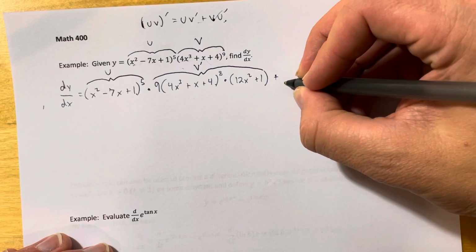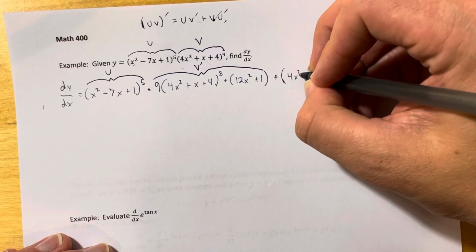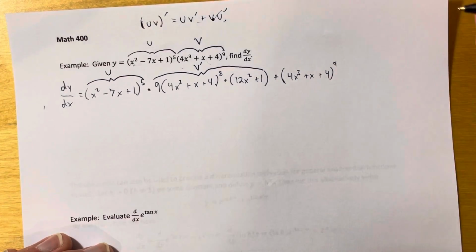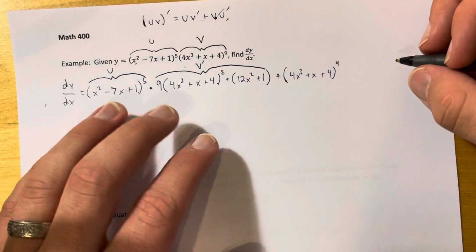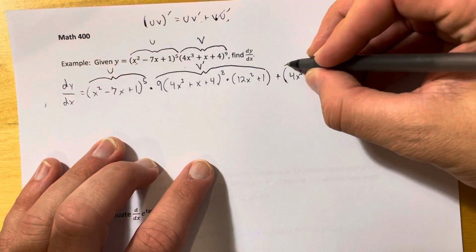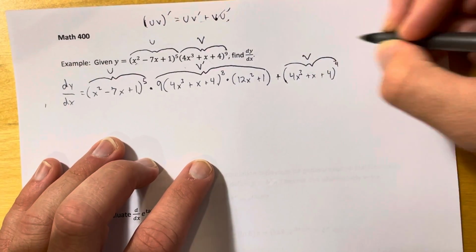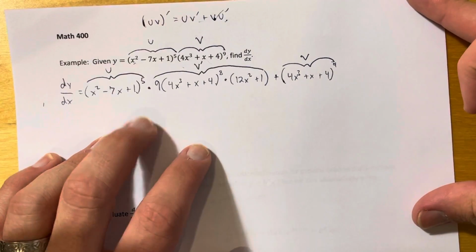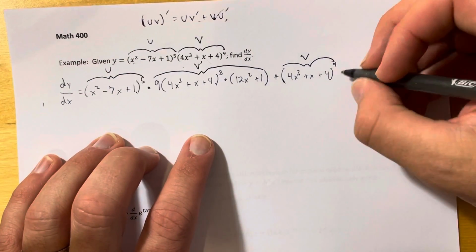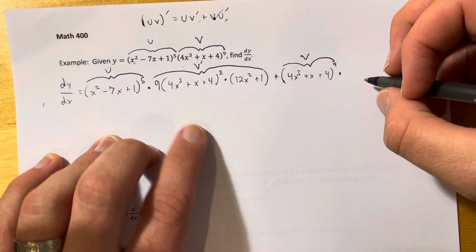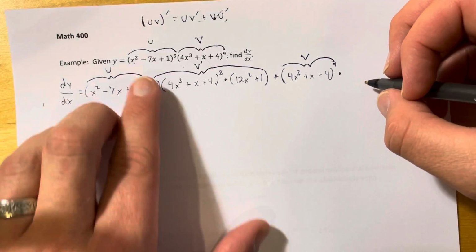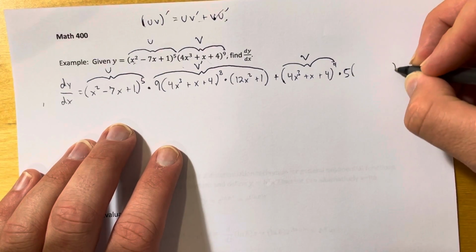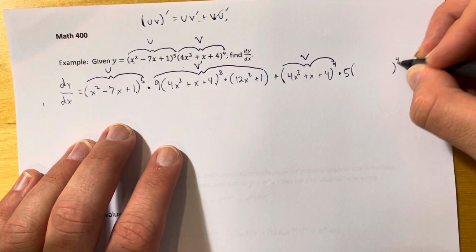So v is this 4x cubed plus x plus 4 to the 9th power times u prime. So this right here is v. U prime, let's see if I could squeeze it in here, is equal to the derivative of this, which again, using my chain rule, I take the derivative of the outside function, which would be x to the 5th, so 5 times something in parentheses to the power of 4.